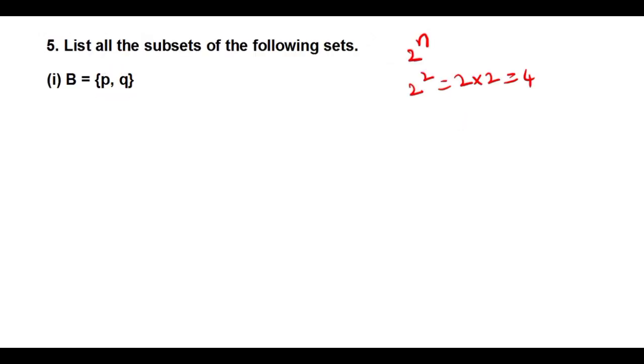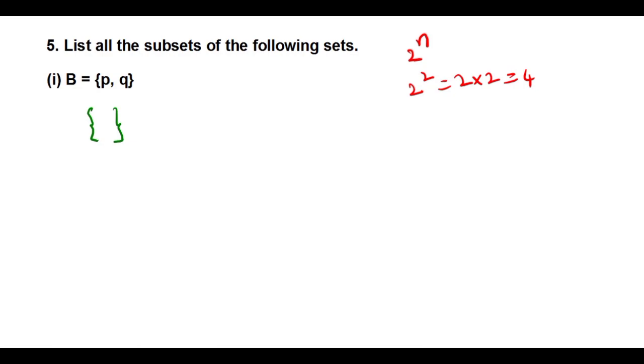Just I am going to take 2 elements present, so 2 2s are 4 subsets we get. What are the 4 subsets? First set is the null set. Don't forget, the null set is a subset of every set. I repeat once again, so note down this point in your textbook, at the top of the textbook you can note down this one. It's very important. The null set is a subset of every set.